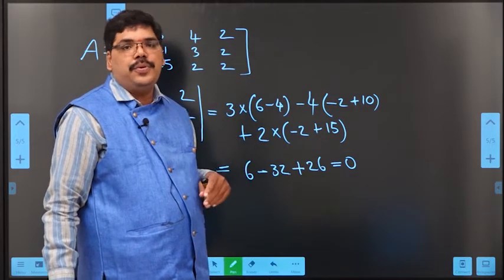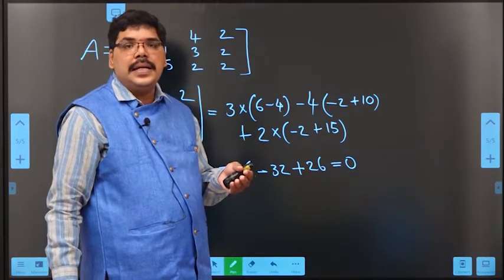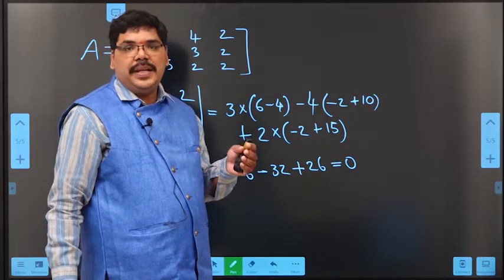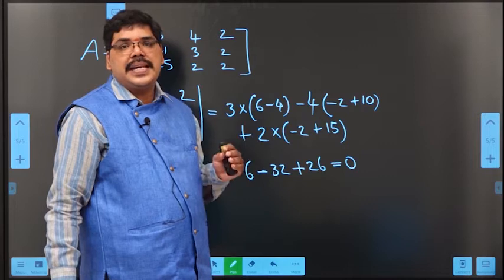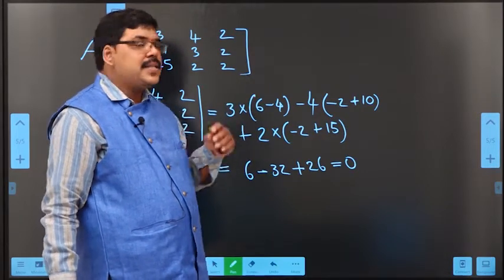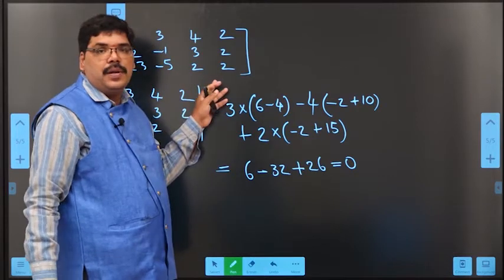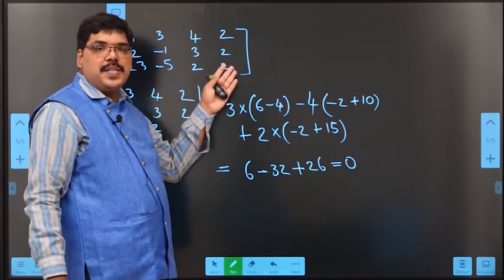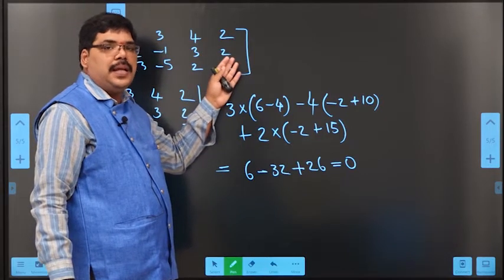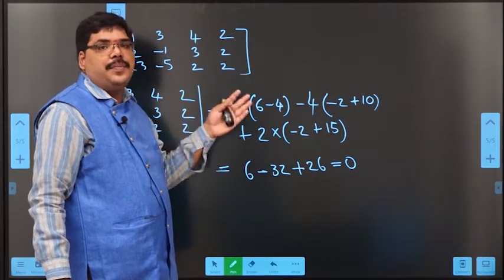So what do we have to do then? We have to go for the next possible minors. After 3 by 3, the next possible size of minor is 2 by 2. See, the given matrix is of size 3 by 4. We are starting with the maximum possible order of the minor, which is 3 by 3, and all of them are becoming 0.